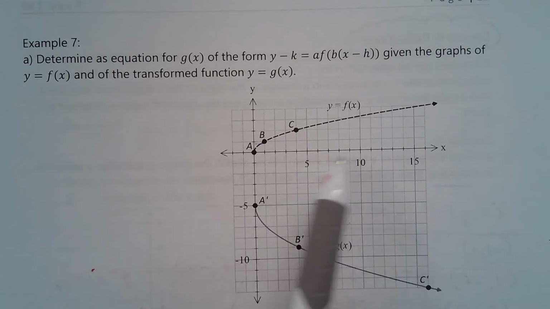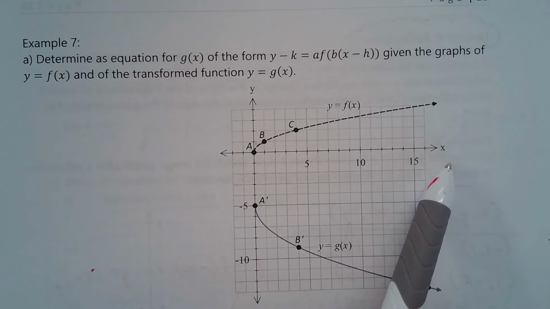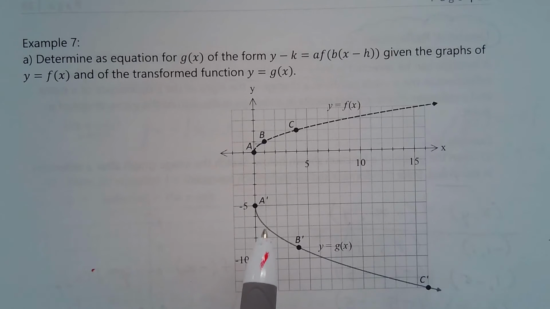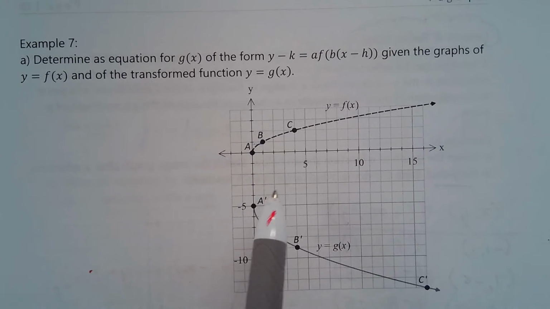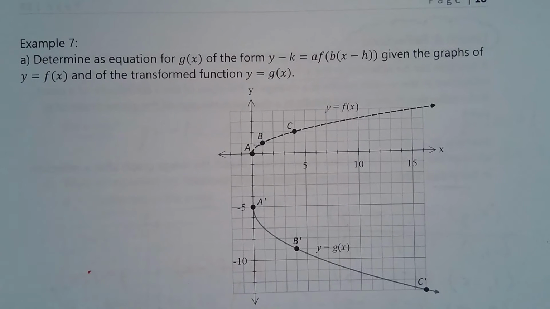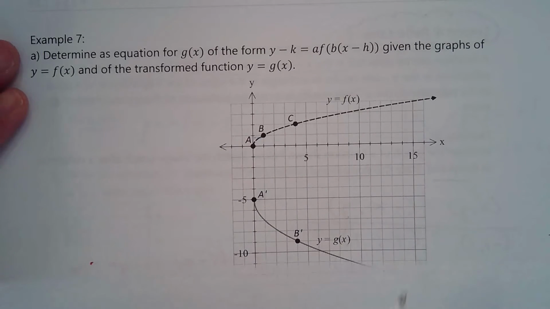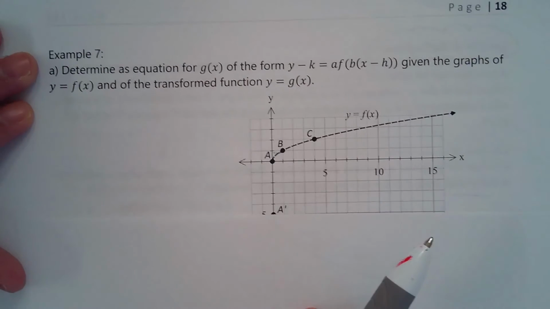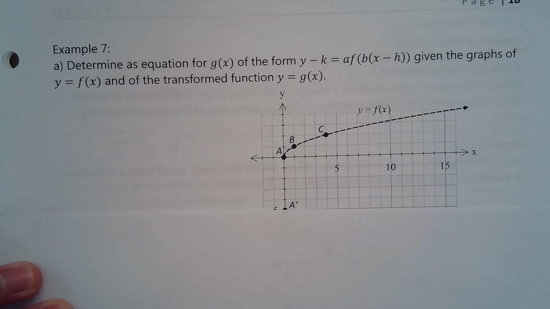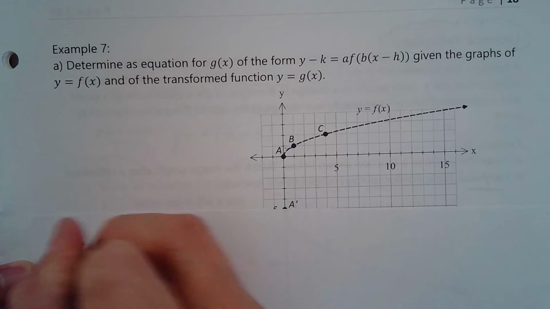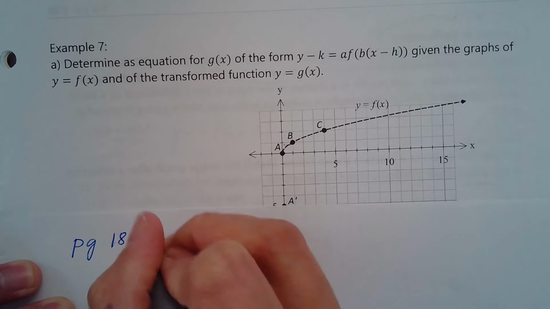That one is very obvious. There is a stretching horizontally, there's a stretching vertically, and also there's a vertical translation going down. Okay, so let's try to do all that. I'll just write down page 18, example 7.